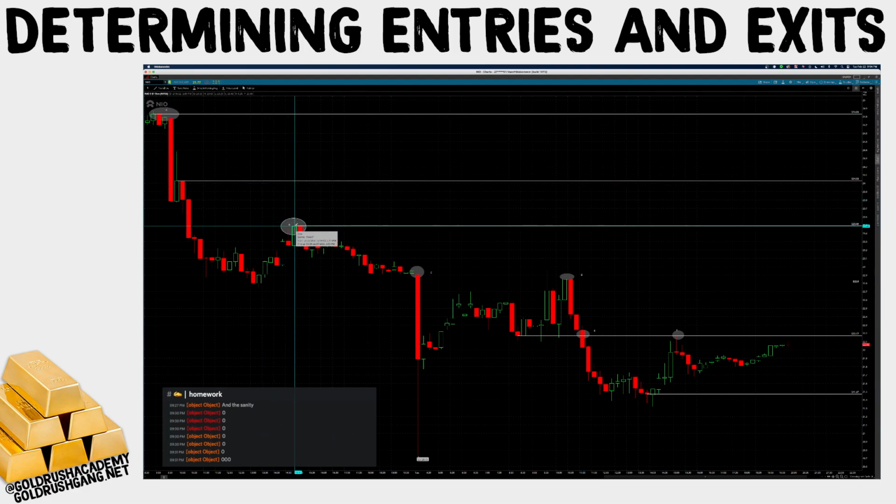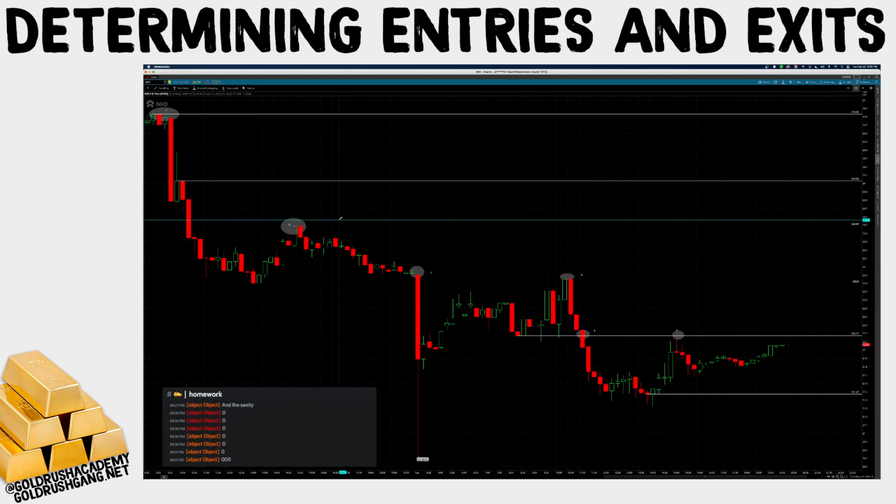Why is B a good entry? Show me in the chat. Why is B a good entry to buy puts? Why is B a good entry? There's no wrong answers. Pull back a little bit, retest, could be retracement.